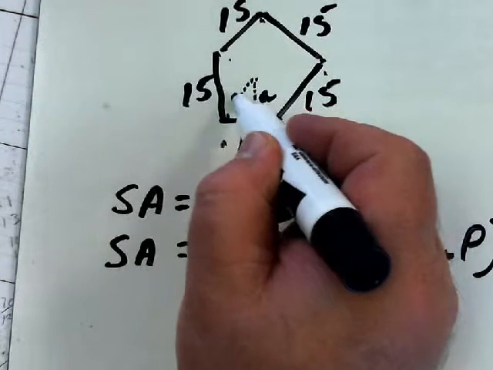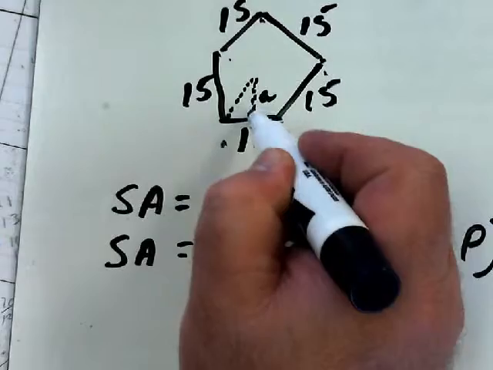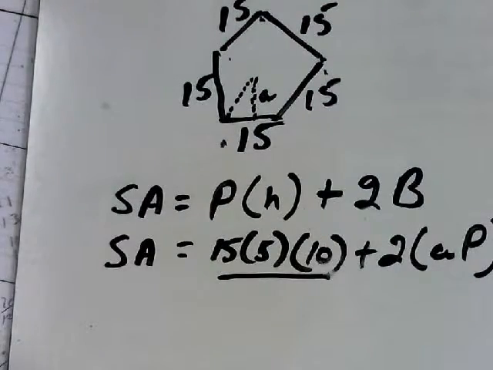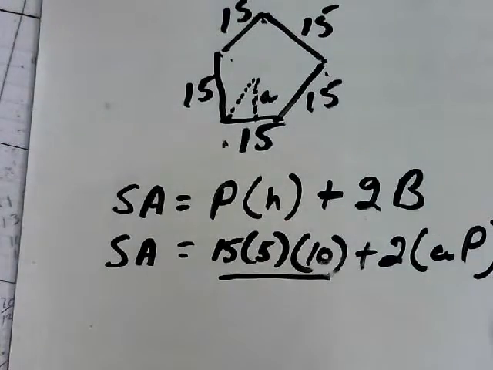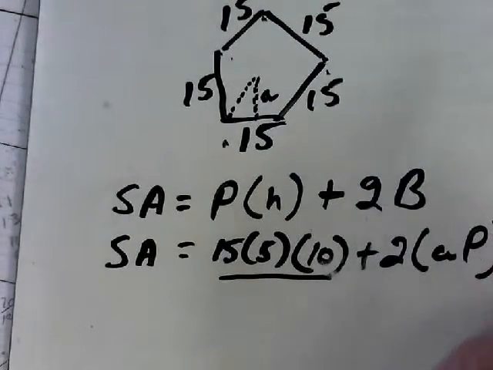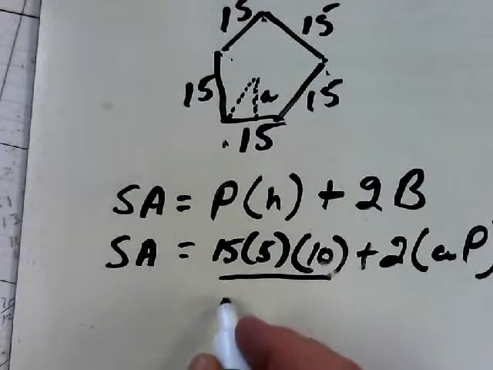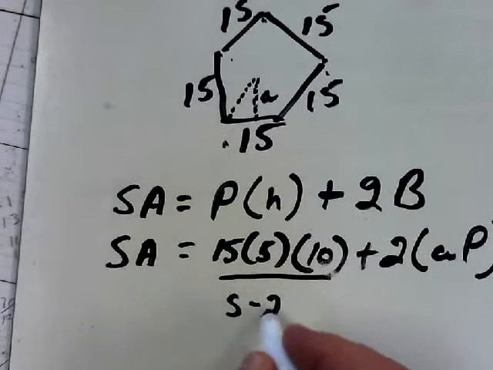Remember, we completed a triangle. Yeah, you have to find the degrees first. How did I find the degrees? Number of sides minus 2, times 180, and divided by the number of sides.